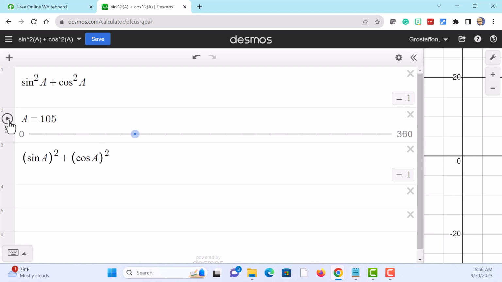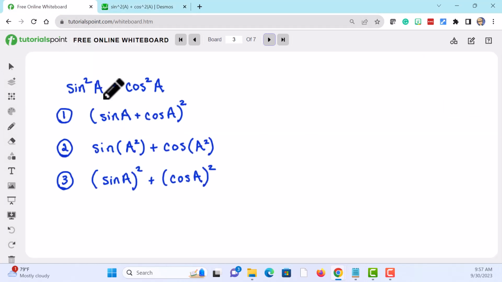It would appear so. Now, did you notice something interesting as a was changing? The value of sine squared a plus cosine squared a is 1. And if we change the angle, the value of 1 does not change. So sine squared a plus cosine squared of a is equal to the square of sine a plus the square of cosine a.